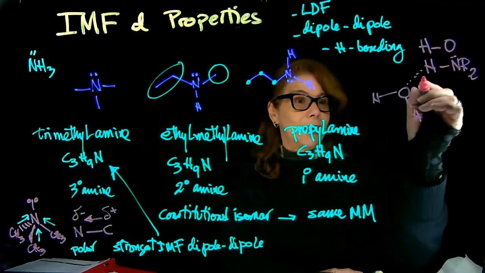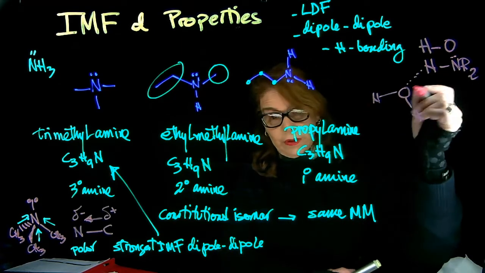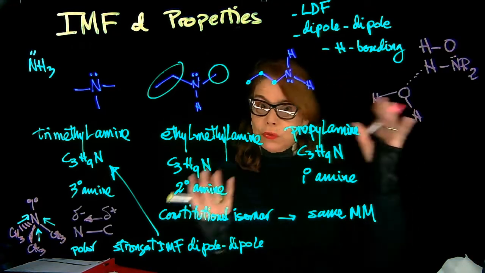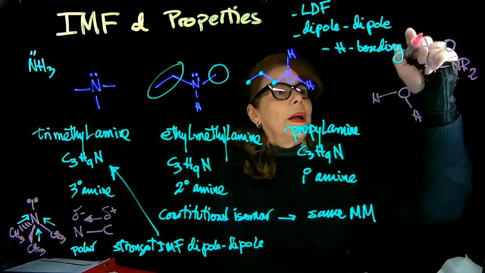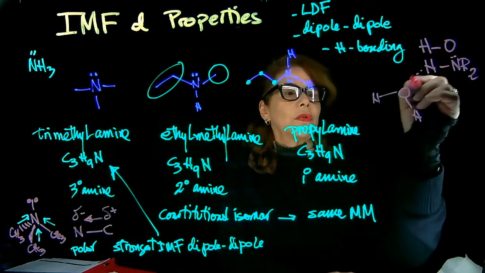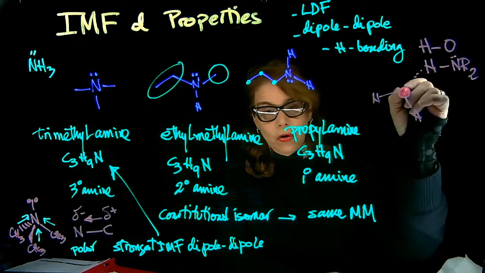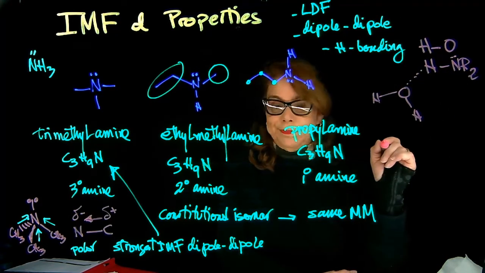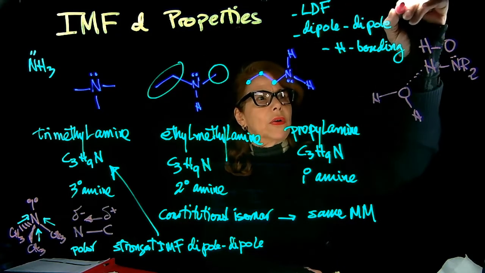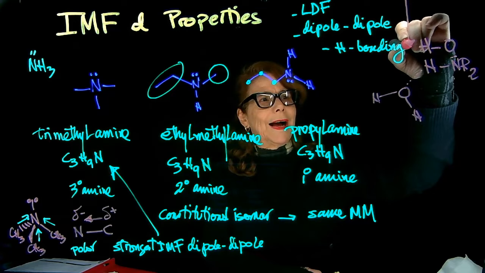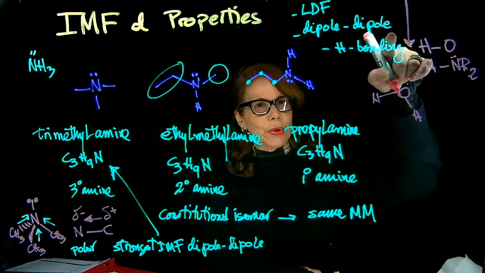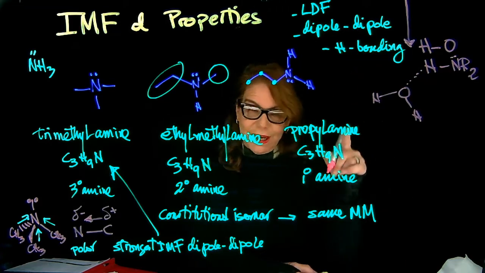Again, the hydrogen must be attached to a very electronegative atom. That exists also in hydrofluoric acid, but in most organic molecules you see hydrogens attached to oxygen or nitrogen. That interaction is stronger than a dipole-dipole. So going from weakest to strongest: London dispersion, then dipole-dipole, and the strongest being hydrogen bond.